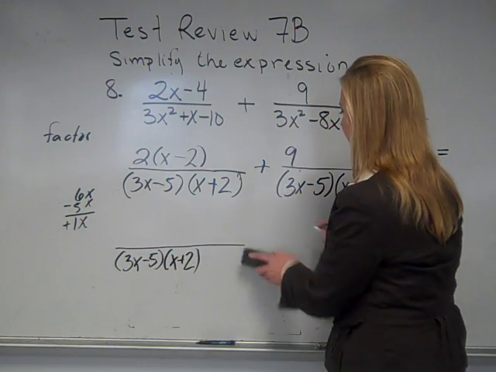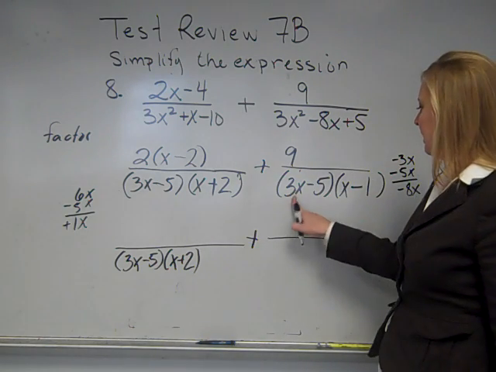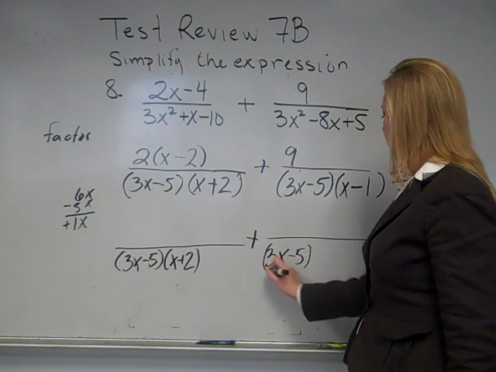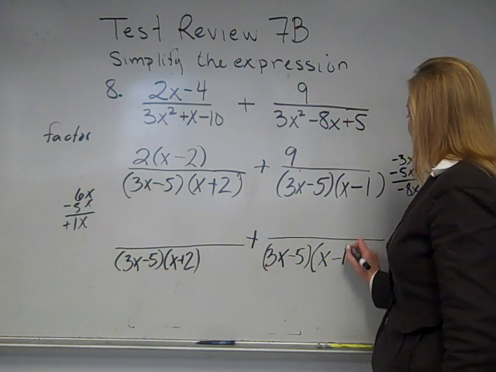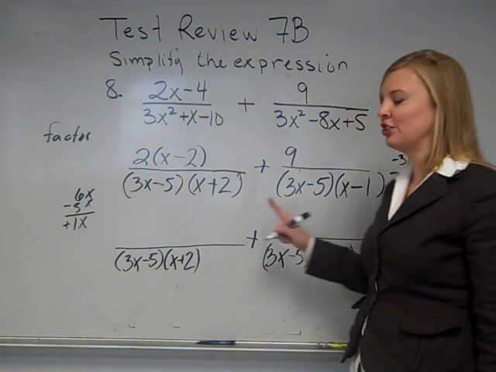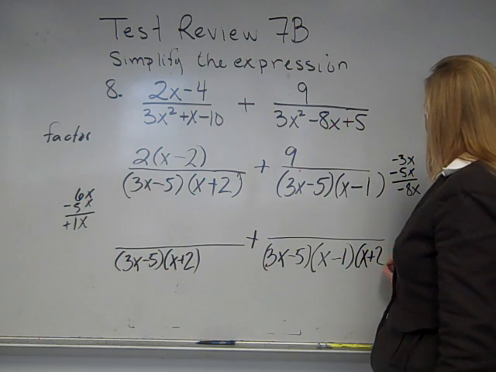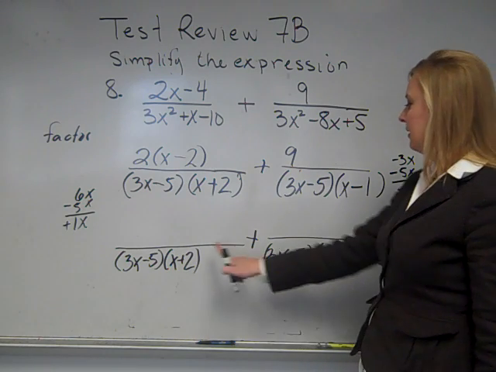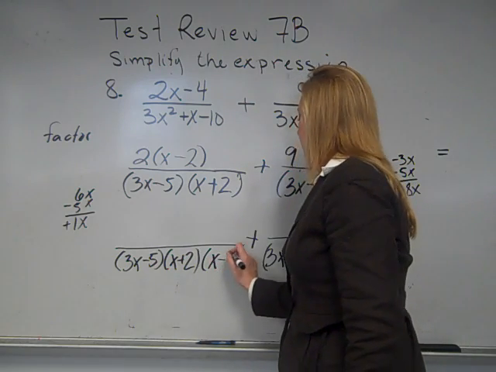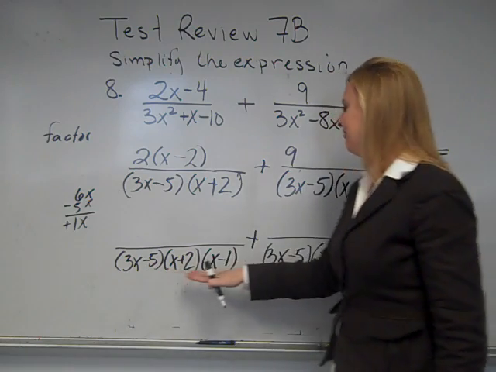Our next fraction: to make this fraction happy, I need a 3x minus 5 and an x minus 1. But I also have to have everything in common with the other fraction, so I will also need an x plus 2. This fraction will also need an x minus 1 in order to have every factor in common.